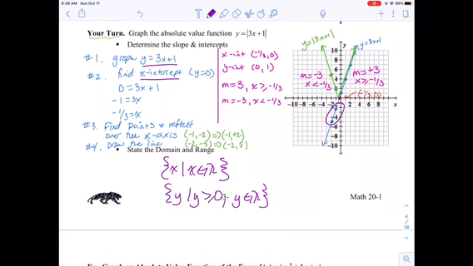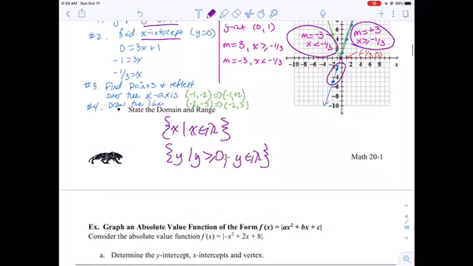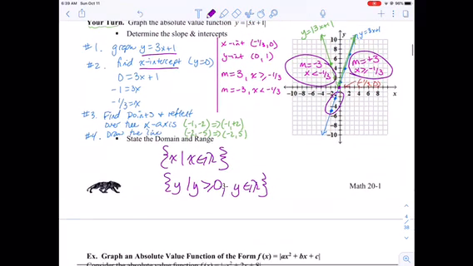To the left of x equals negative 1/3, our slope is a negative 3. Our domain doesn't change, and our range is y is greater than or equal to 0.